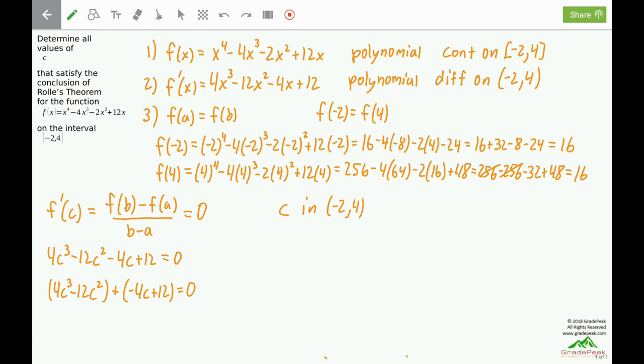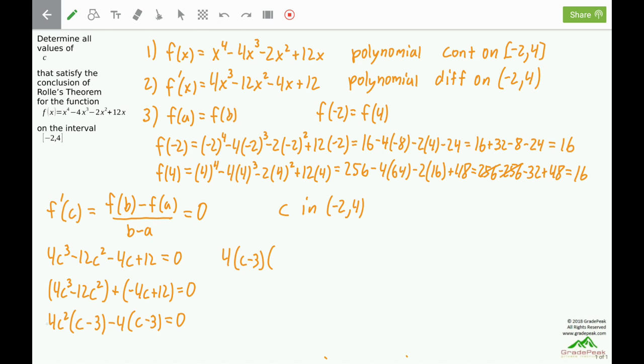For the first two terms, there's a common factor of 4 as well as c squared. That will leave behind a c and a minus 3. The second two terms have a common factor of negative 4, and that leaves behind a c minus 3 also. Therefore, there's a common factor of c minus 3 that can factor out of both of those terms. But there's also a common factor of 4 that can be factored.